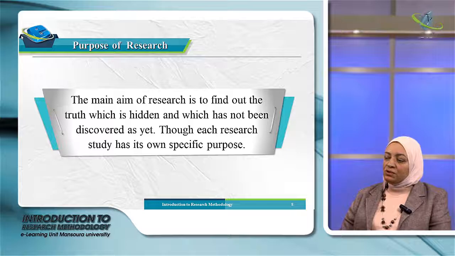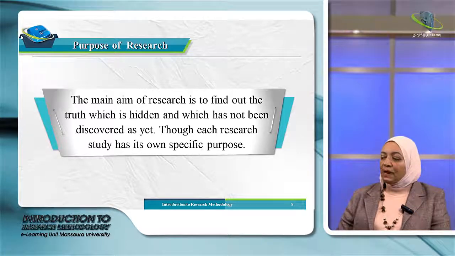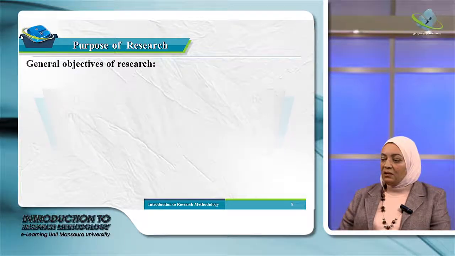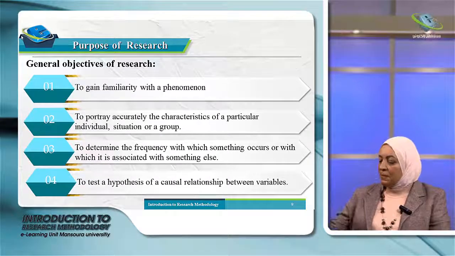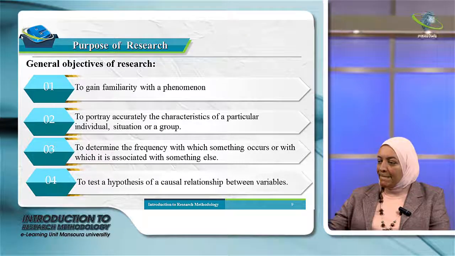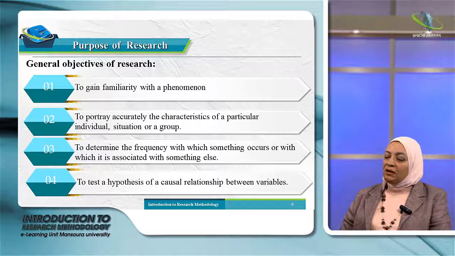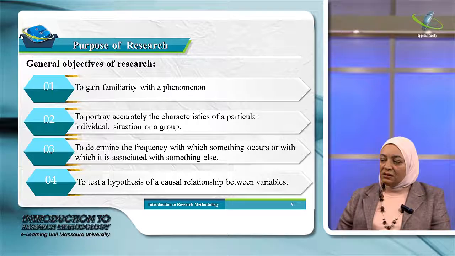So the purpose of research is to find out the truth which is hidden and which has not been discovered as yet. Each research study has its own specific purpose. Other objectives include gaining familiarity with a phenomenon, like the increase of hospital-acquired infection.